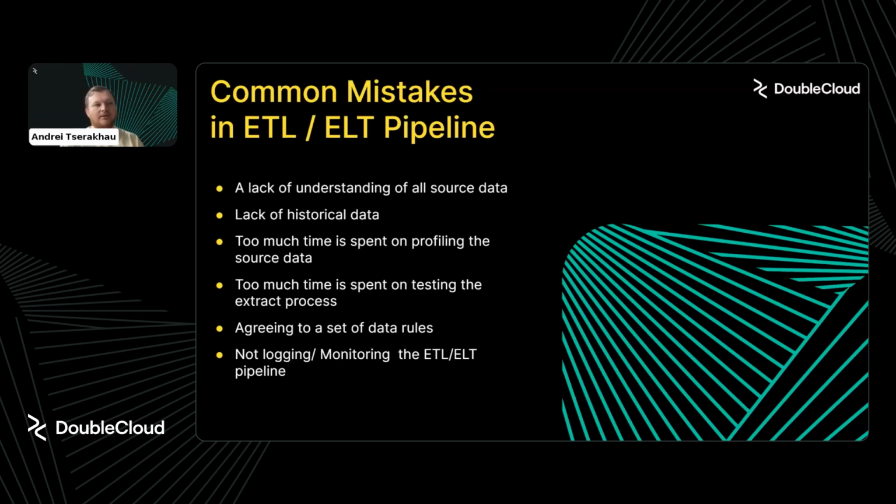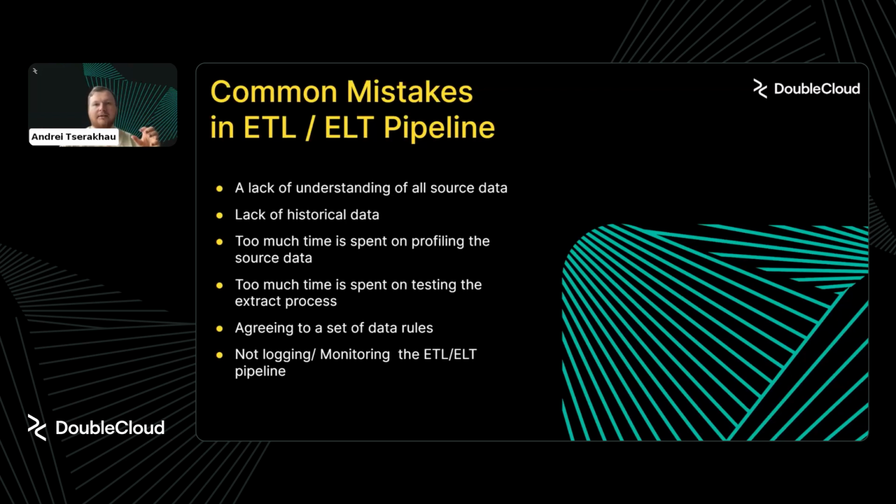But usually the system is evolving, and historical data can be stored a bit differently. Having this historical data absent in your target database, in your data warehouse, usually leads to a lack of connectivity across time. You don't have a rich and deep understanding of your business if you don't have historical data.